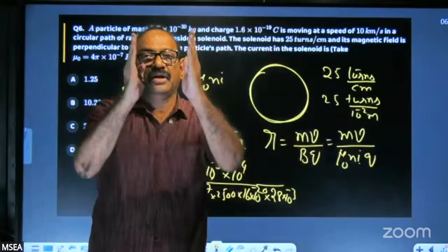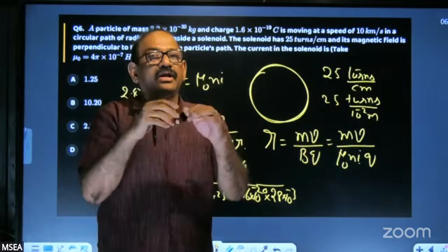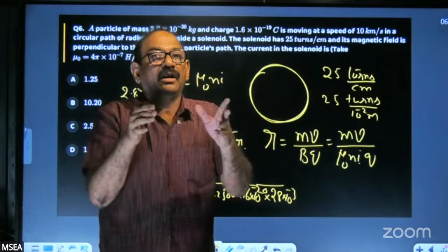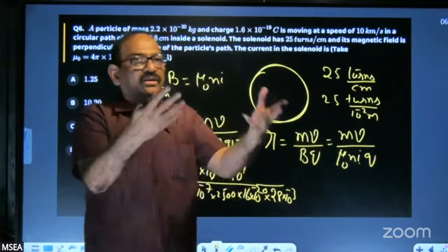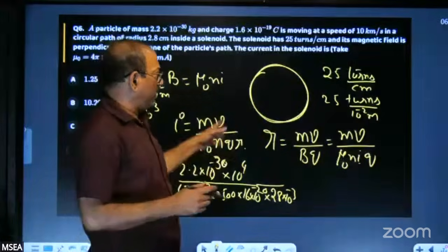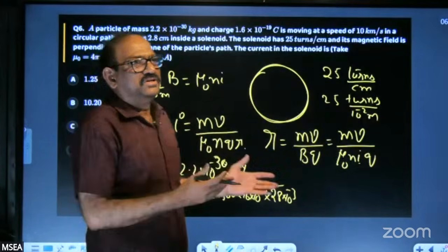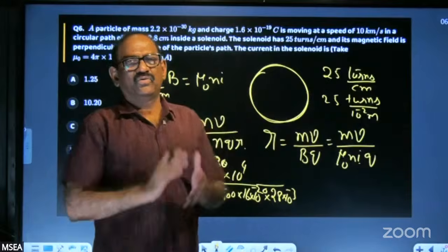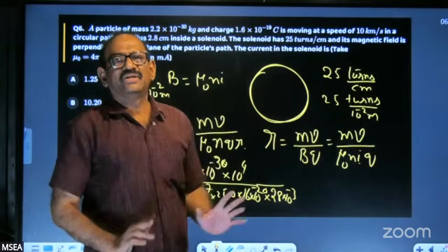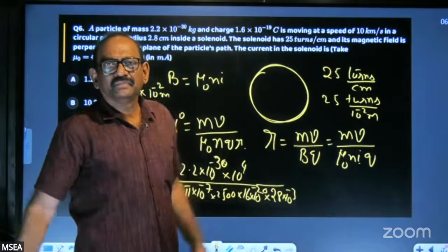If they carry current in the same direction, they attract each other. If they carry current in opposite directions, they repel. And then these instruments: galvanometer, ammeter, voltmeter. Revise them. This chapter is very easy, with straightforward questions: direction-based and formula-based questions.